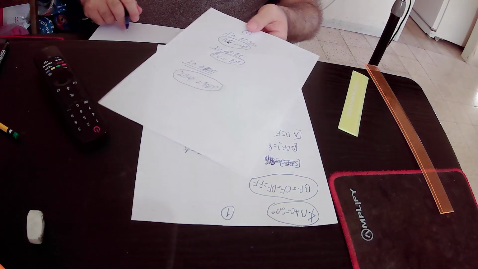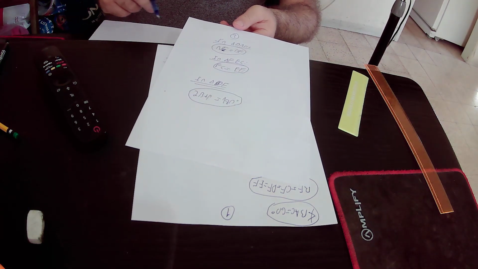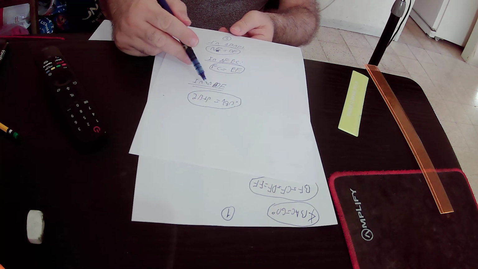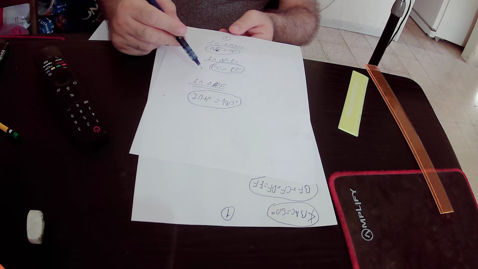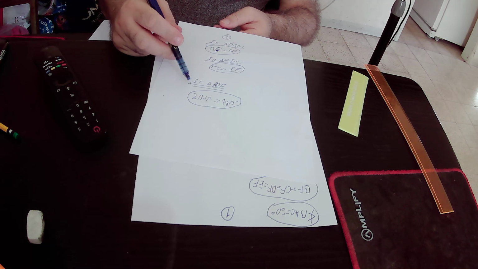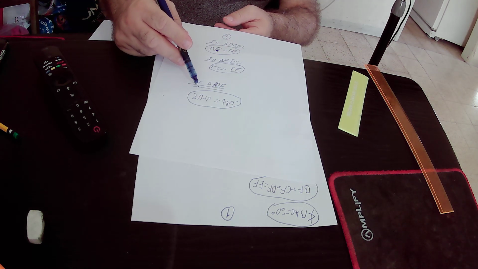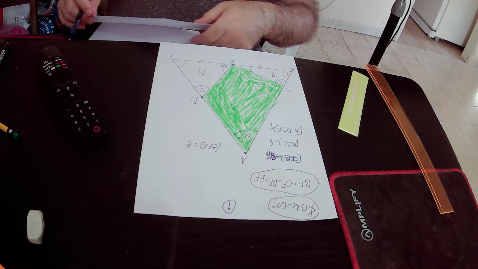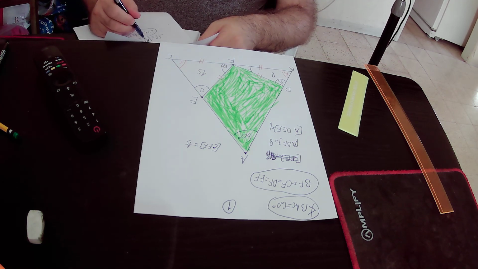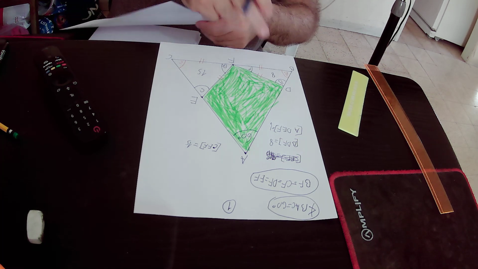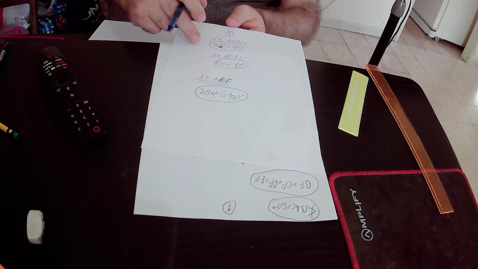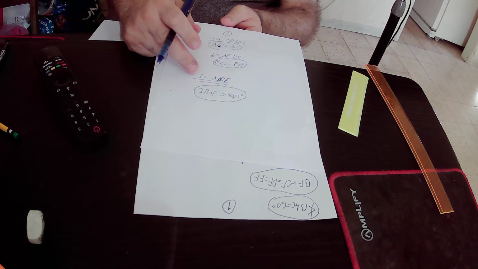So in triangle BDF, the sum of the angles is equal to 180 degrees.